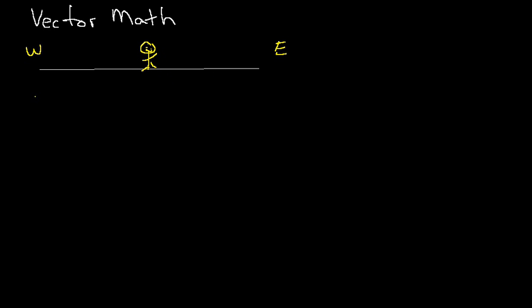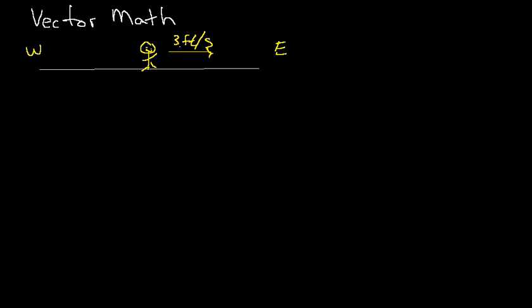So we can show with a vector like that he's going in this direction, east, at say 3 feet per second. That's how fast he's moving. Every second he moves 3 feet, and he's moving eastward.